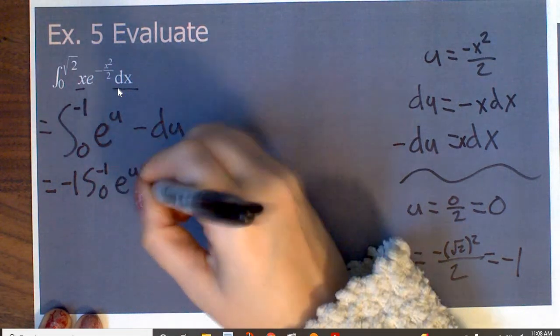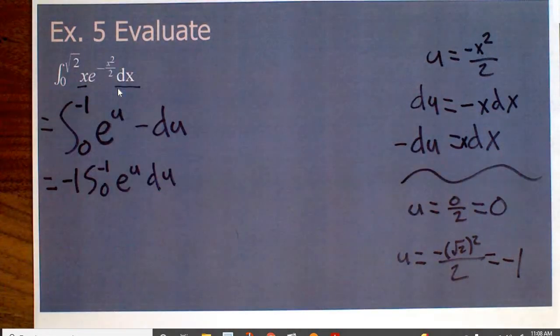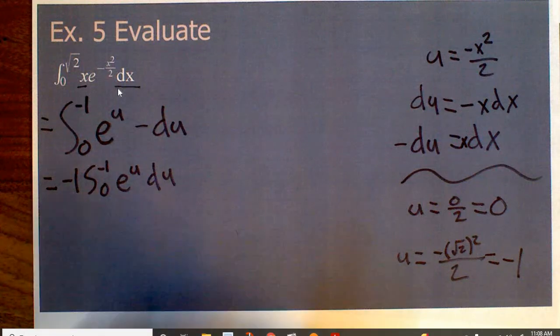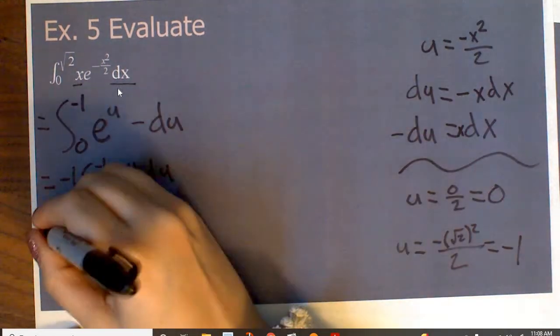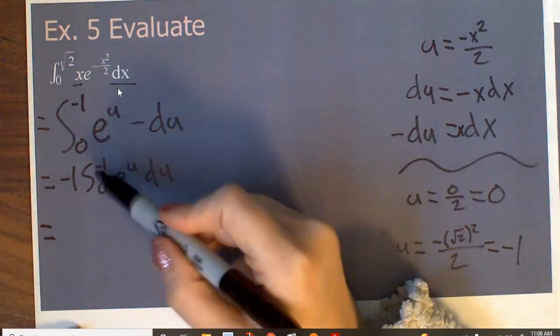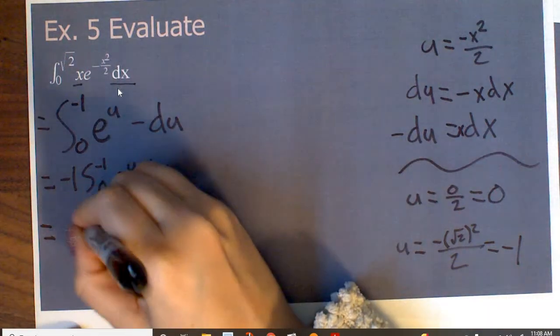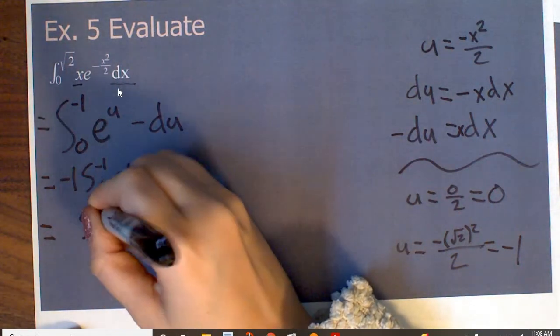And hopefully we recall that when I'm taking an integral, we want the integral bounds to be from smallest to biggest. And we looked at a theorem that allowed us to, if these aren't in the correct order, remember it's going to equal the same thing as the negative of negative 1 to 0.